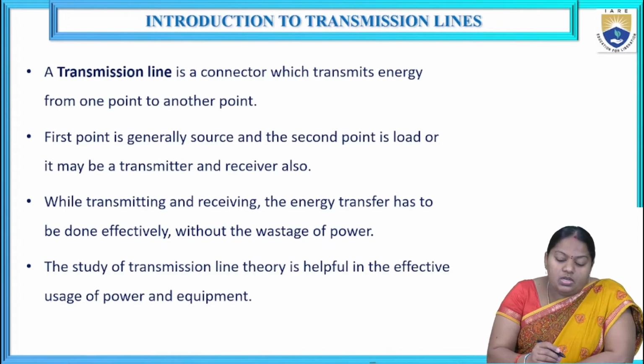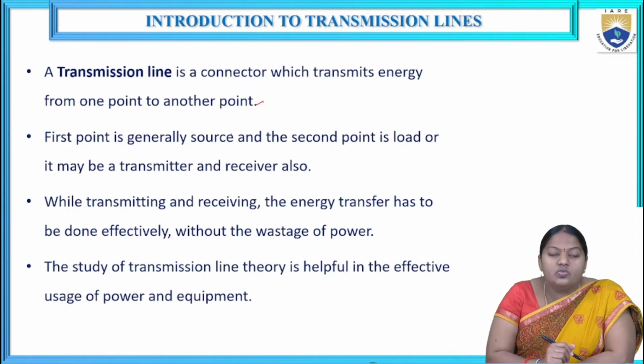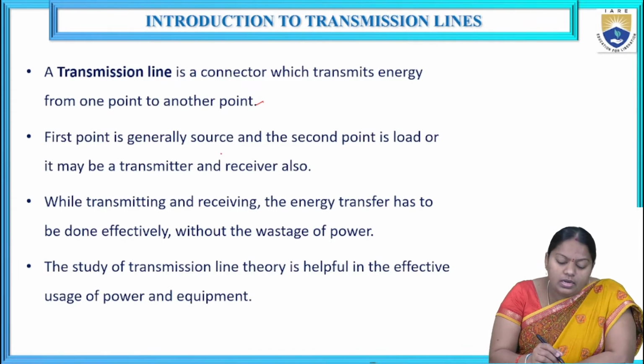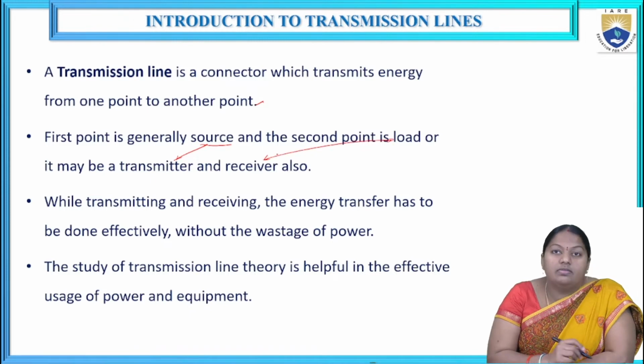The first point is generally the source and the second point is generally known as the load, or it may be a transmitter and receiver also. Source is nothing but the transmitter and the load is nothing but the receiver.